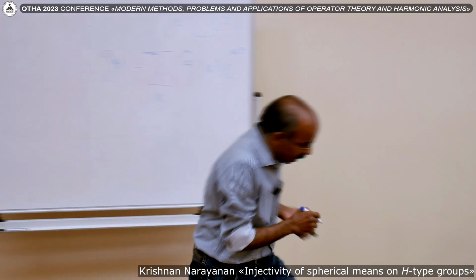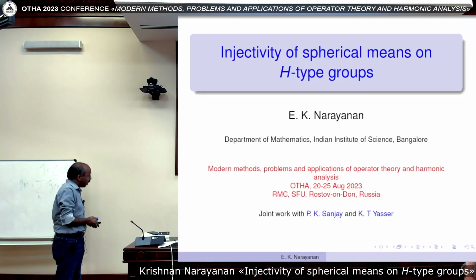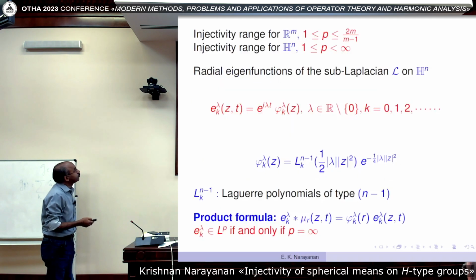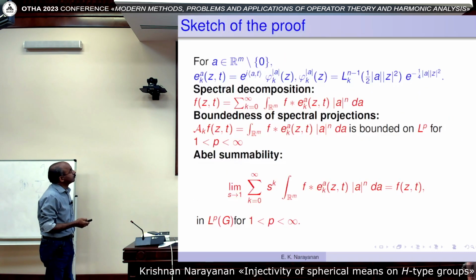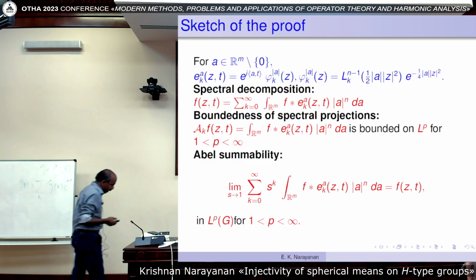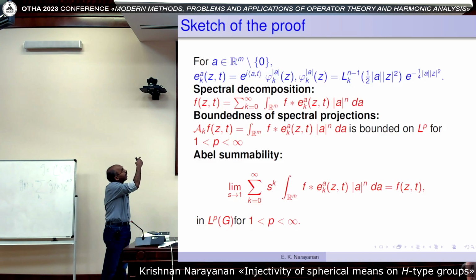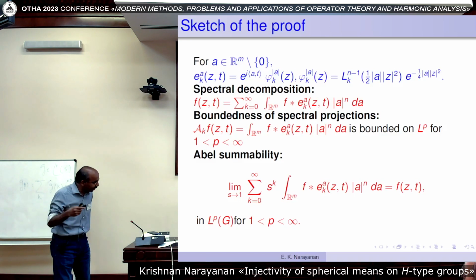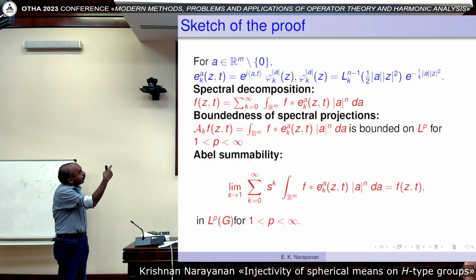So that is the first thing there. Remember, for the Heisenberg group it was e_k lambda. Here it is e_k a. You have e to the i a dot t, right?